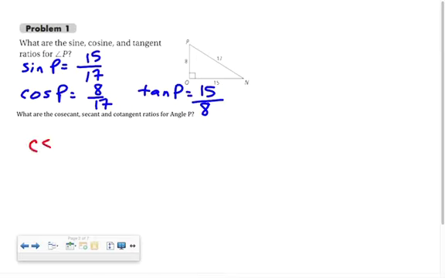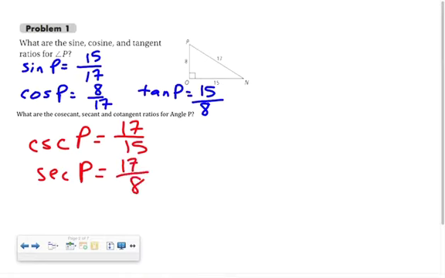So the cosecant of P is 17 over 15. The secant of P is 17 over 8. And the cotangent of P is 8 over 15.